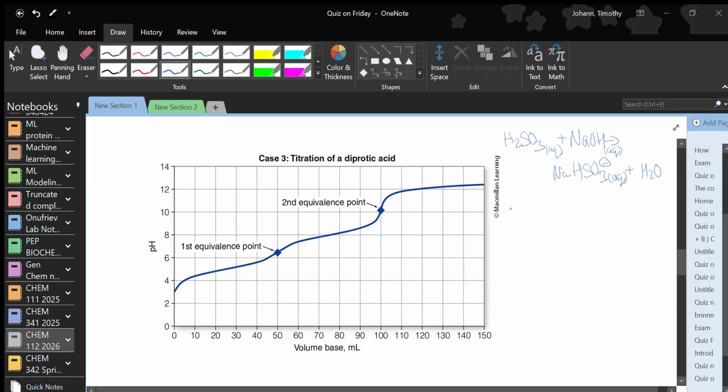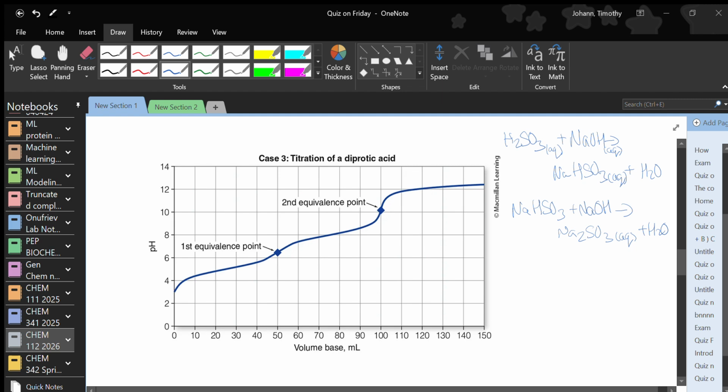And then our next one is going to be NaHSO3 reacting with another NaOH. And that's going to make us an Na2SO3, like that. And I'm going to erase these charges because the sodium cancels them. And then aqueous plus another water. Okay? And overall, you could add these together and have both protons go away.